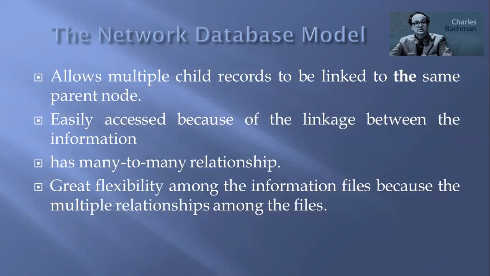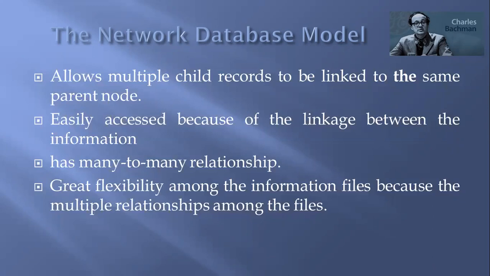As we can see, it has many to many relationships. It has great flexibility among the information files because of the multiple relationships among the files. Because it has many to many relationships, the network database model can easily access any table records in the database.